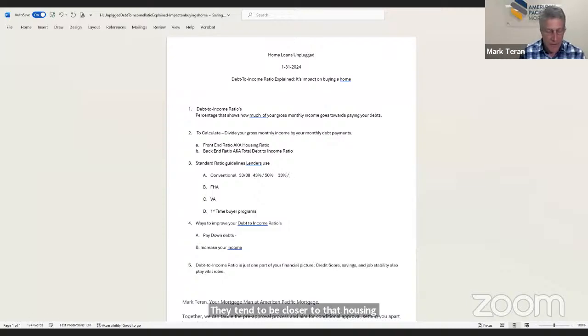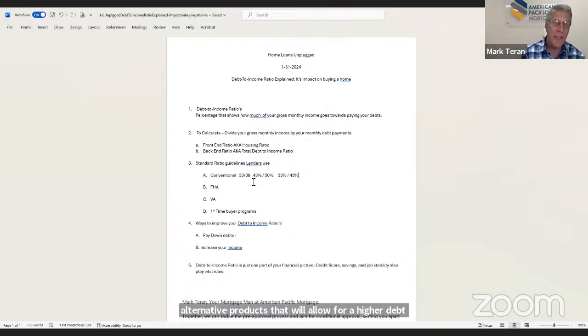And then often I'll see the back end ratio, they don't want it to exceed 43%. So if you're looking at a jumbo loan, often depending on where you're at with your loan amount, your loan officer, if those debt to income ratios are exceeding that, may need to do some research to find alternative products that will allow for a higher debt to income ratio.